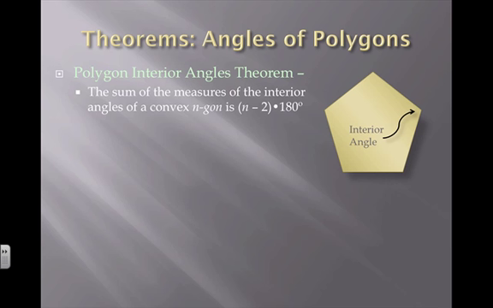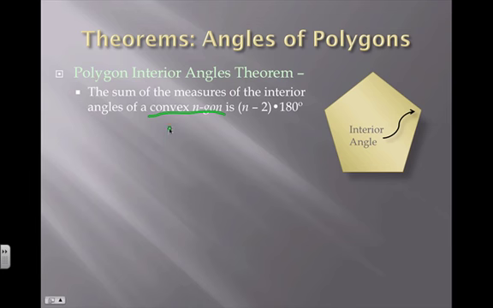Now let's find out about the theorems with regards to angles of polygons. The first theorem that we have is the polygon interior angles theorem, which states that the sum of the measures of the interior angles of a convex n-gon is n minus 2 times 180 degrees. Let's quickly review a few terms here. We've got in our theorem a convex n-gon.